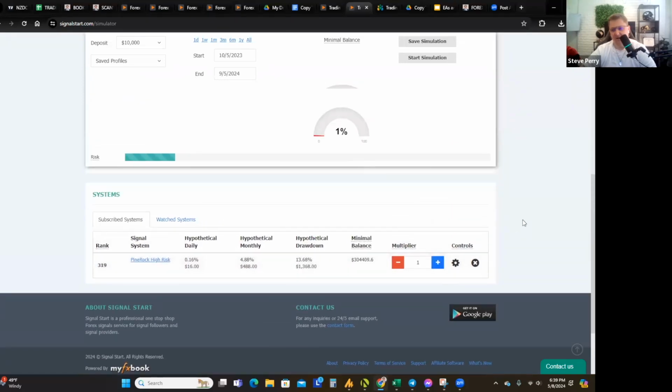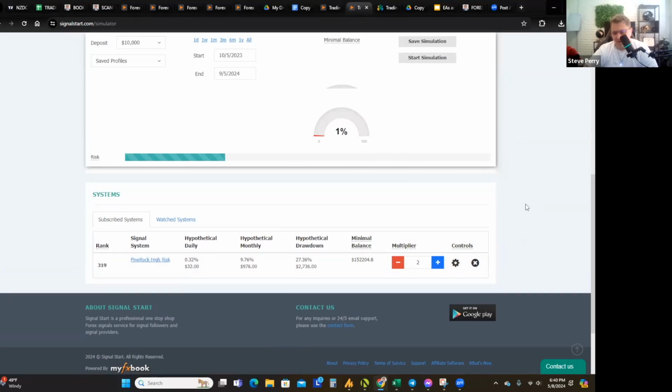And that just means that I'm taking the same trades that this guy takes. Not the same lot size, it's just proportional to whatever my account is. So if my account size is 30 times smaller, which it is, then I'm going to be taking the same trade, but with a lot size 30 times smaller. That's all it is.